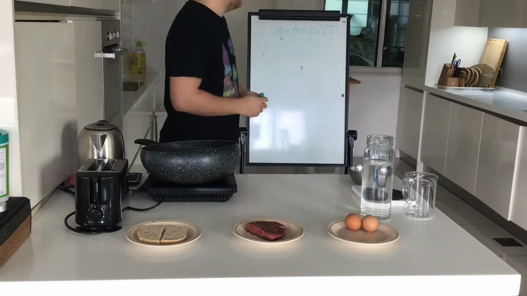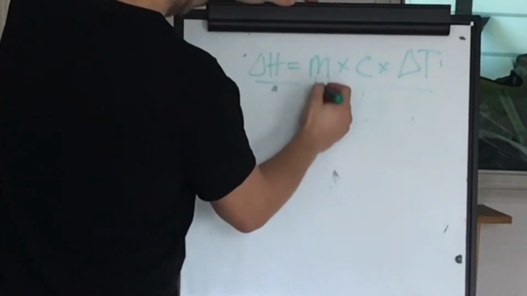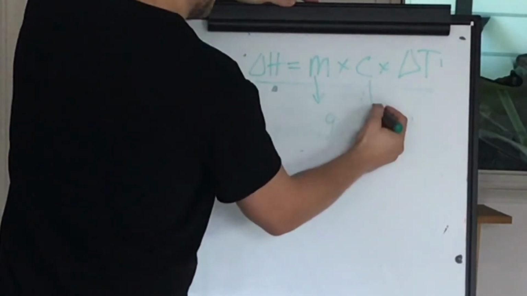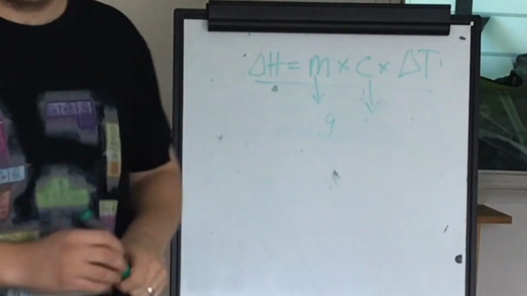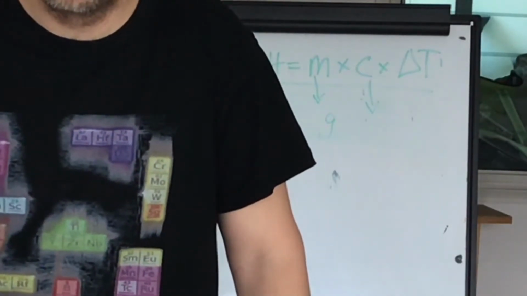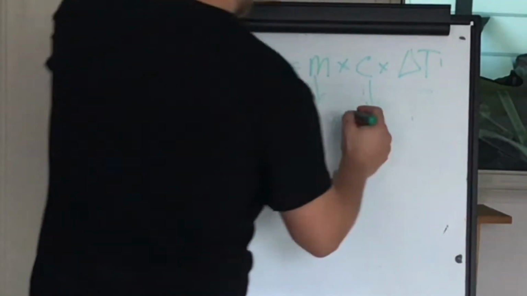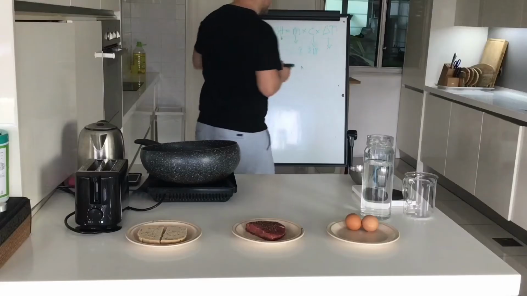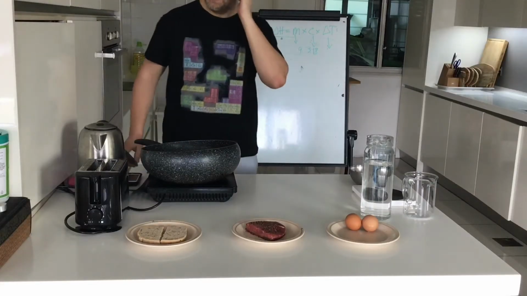Now in terms of egg, we need the mass, that's in grams, right? Heat capacity, does anybody remember what the heat capacity was of egg? 3.18, so 3.18, and then we need to look at the temperature change, okay?